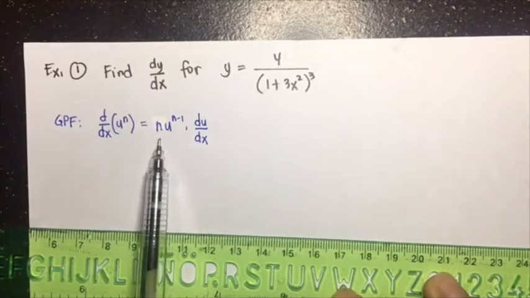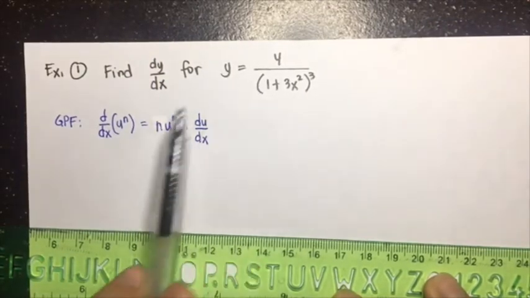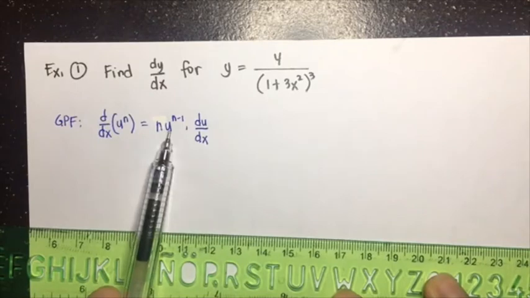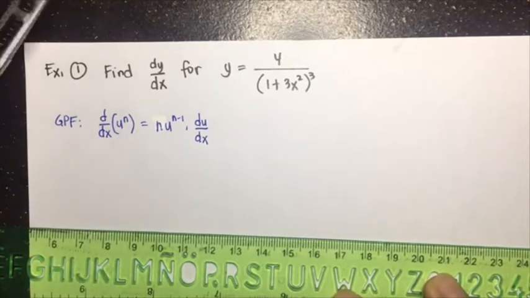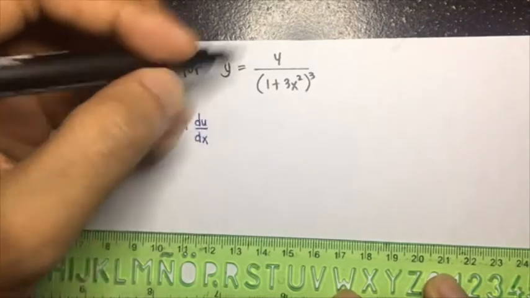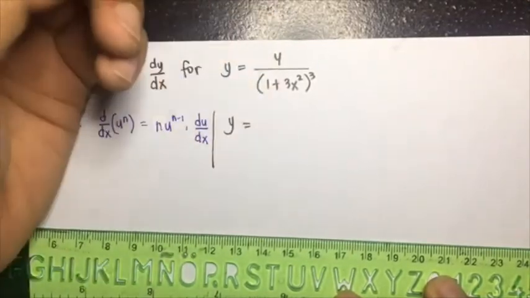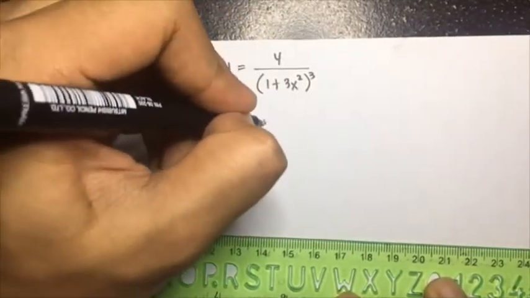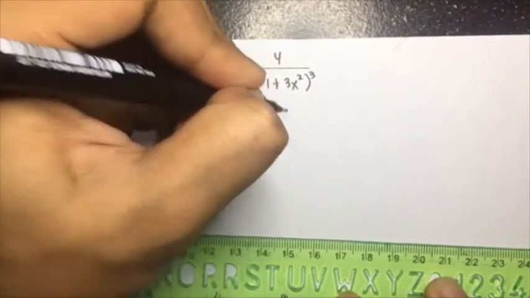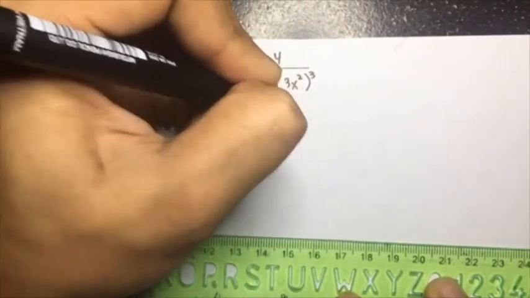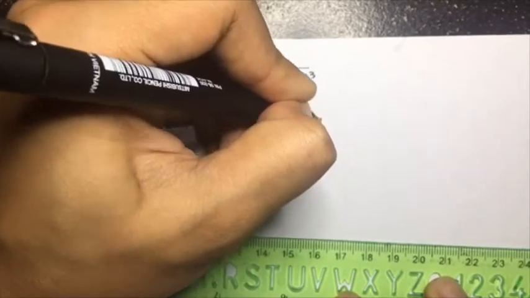So let's transform the function into this form, u raised to n. We have y is equal to 4 times 1 plus 3x squared raised to negative 3.